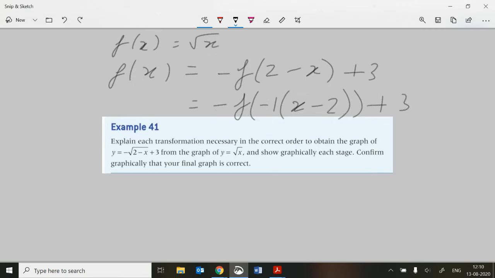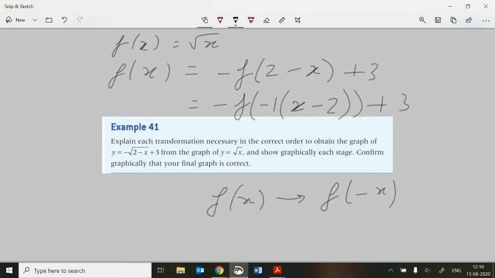In terms of transformations, let's deal with the x direction first. Remember, it goes the opposite way around to what you expect. So the thing on the outside of the brackets is what we're dealing with first. In the x direction, if you go f of minus x, remember that's a reflection in the y-axis. We dealt with that earlier in the chapter.